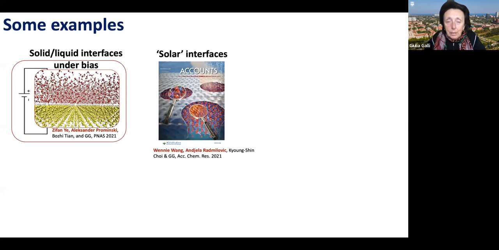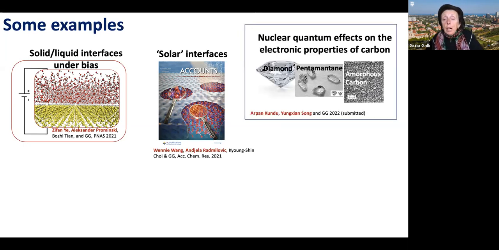I'll get back to that. And this is a review paper that we wrote recently to summarize some of these calculations. And these are all calculations where we couple some approximate forms of DFT with molecular dynamics. You can also couple with path integral molecular dynamics.